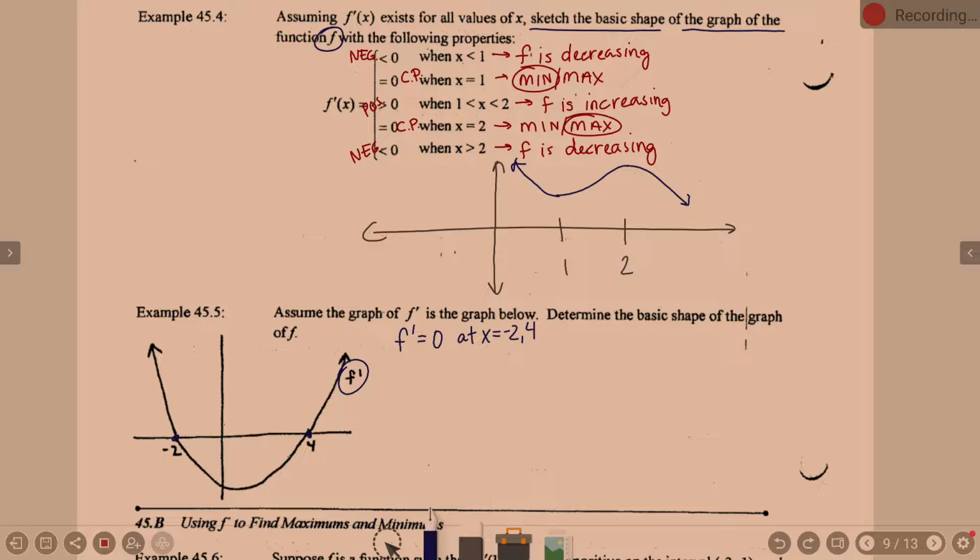If the derivative equals 0 there, those are going to interpret into mins or maxes, right? At -2 and 4. Obviously going to be one of each. We just haven't gotten far enough to know which is which. What else?